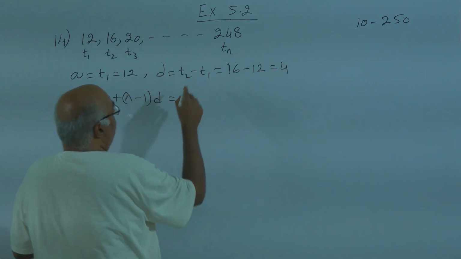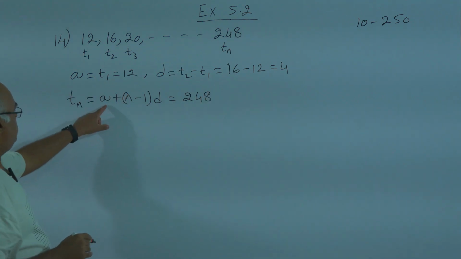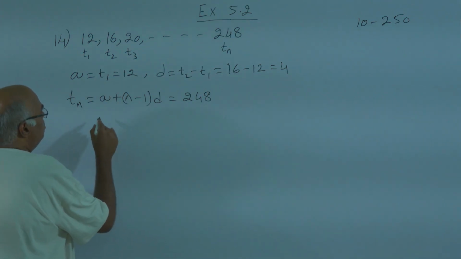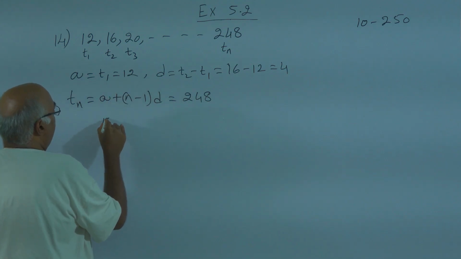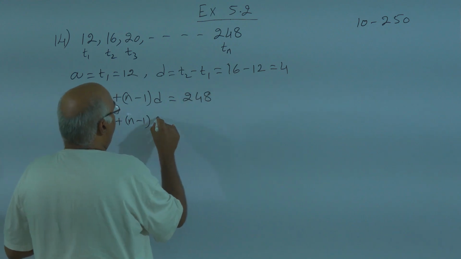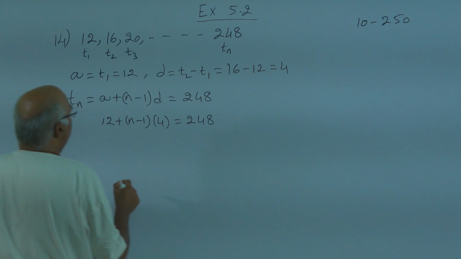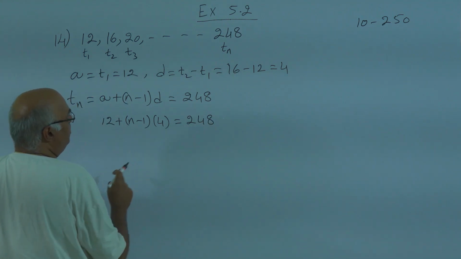This is equal to 248. So let us substitute the values of a and d in this equation. a is nothing but 12, plus n minus 1 into the value of d, which is 4, is equal to 248. If you take this 12 to the other side, it will become minus 12.